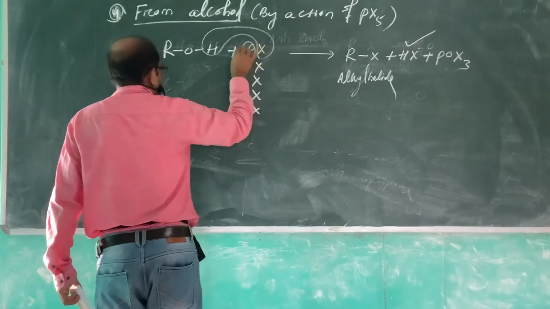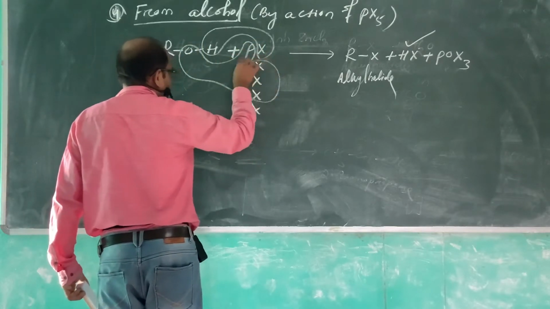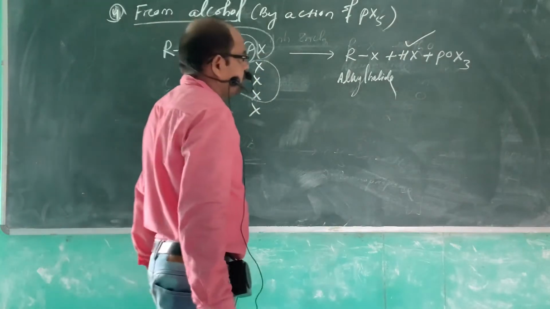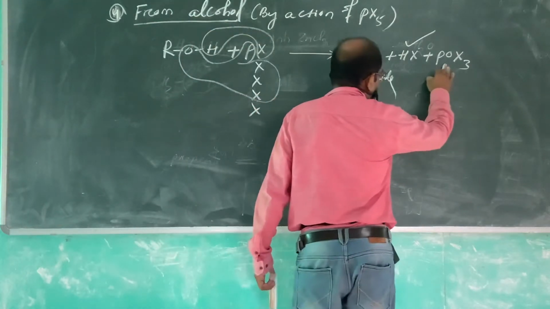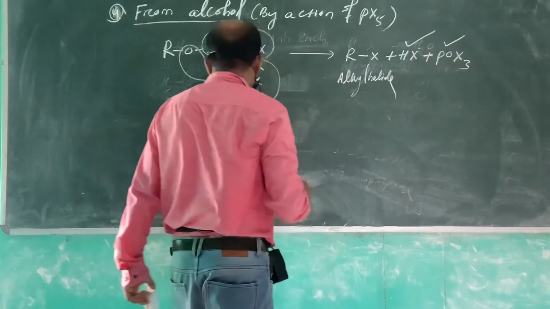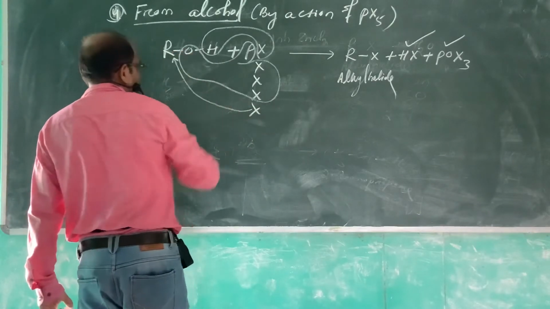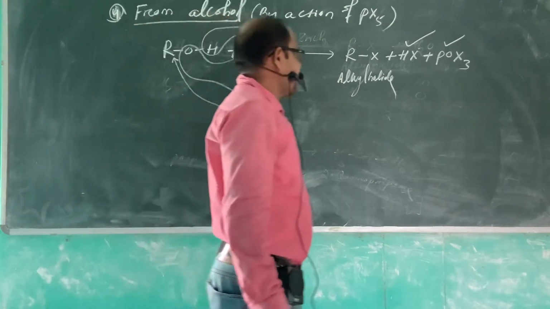Phosphorus atom combines with the oxygen along with the free halogen atom gives phosphorus oxyhalide. Then one of the halogen atoms combines with the alkyl group to give alkyl halide.